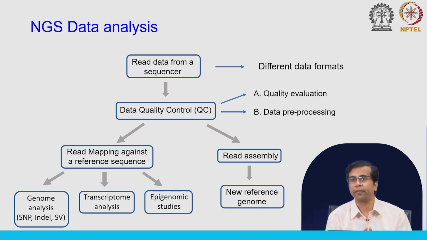So, you will have a reference genome against which you will map your sequence reads. If you are working with an organism where there is no reference genome, you will do the assembly. Today's focus will be read mapping, where we will discuss certain challenges and the approach, and read assembly we will discuss in the later part of this course.